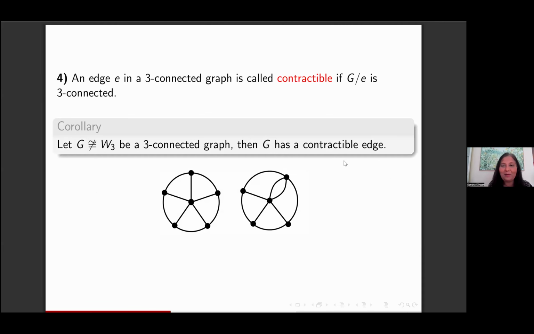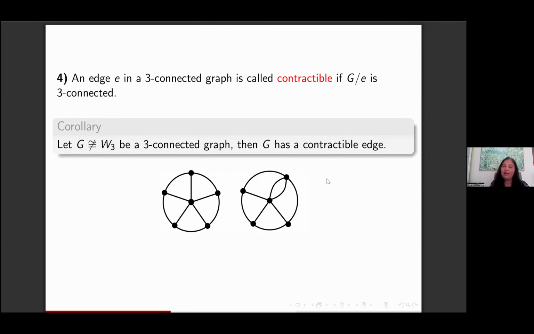And from that, you get another little obvious corollary. An edge e in a 3-connected graph is called contractible if G contract e is 3-connected. So as a corollary, we get: if G is a 3-connected graph except W3, then G has a contractible edge.